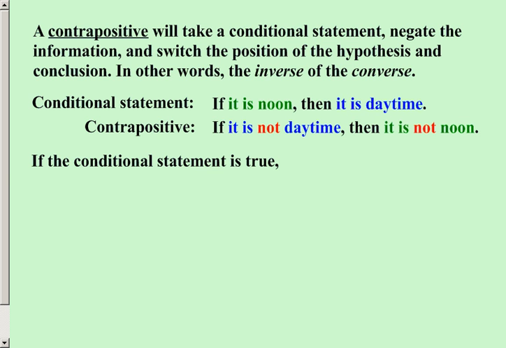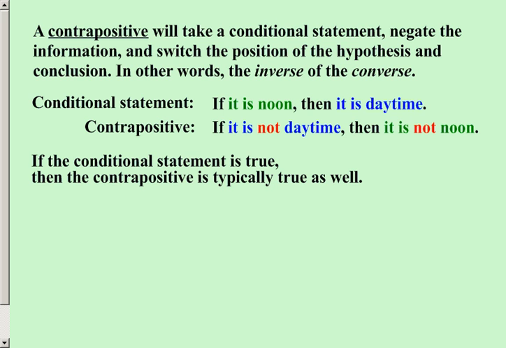Now, this one is a little less judgmental as far as figuring out the truth of the statement. If you started off with a strong conditional statement that did not have counterexamples or non-examples that could disprove it, if you started off with a conditional statement that was true, then the contrapositive ought to be true as well. It's not a bad idea to go ahead and read your contrapositive and make sure. If it is not daytime, then it is not noon.